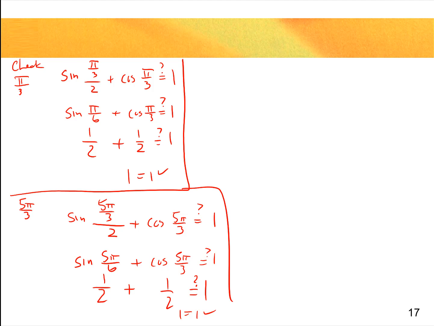Okay, last one to check. That's going to be the 0 degrees. Should be the easiest. Here it is. 0 radians. Sorry, 0 degrees. Sine of 0 divided by 2 plus cosine of 0. Does that equal 1? 0 divided by 2 is still 0. That gives me 0, and cosine of 0 gets me a 1, and voila. You got to put these little question marks down, but eventually that works.